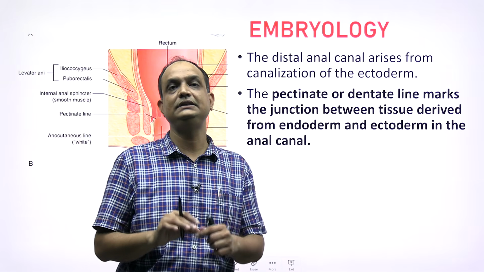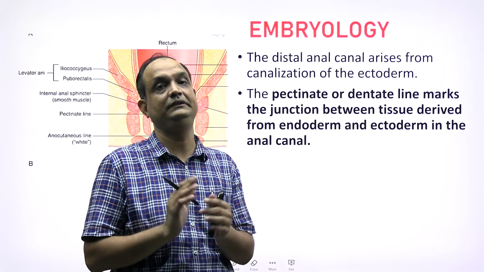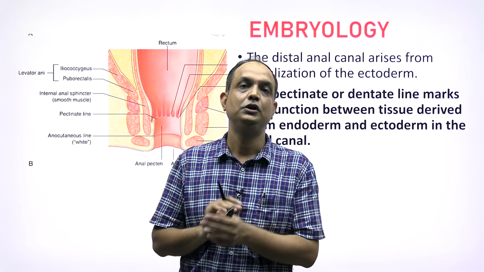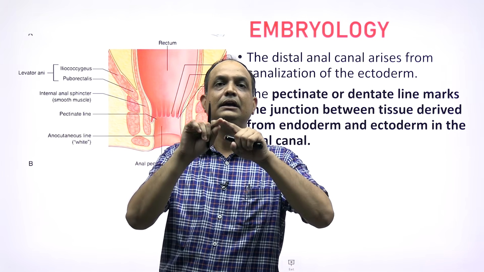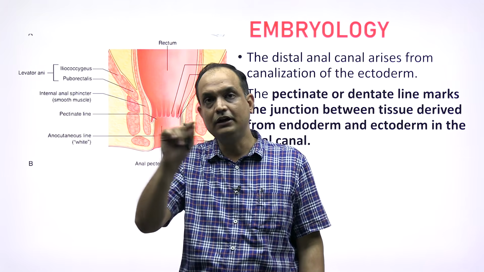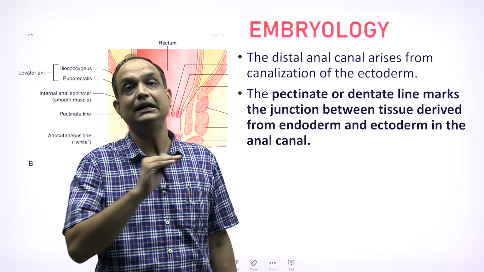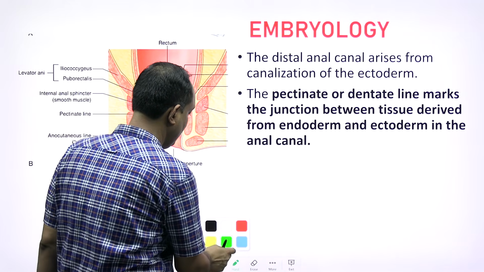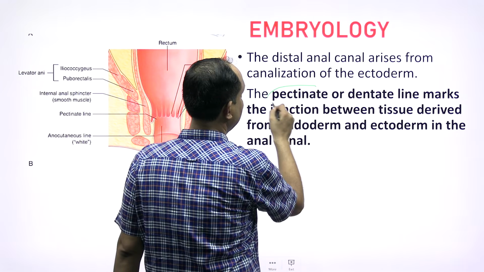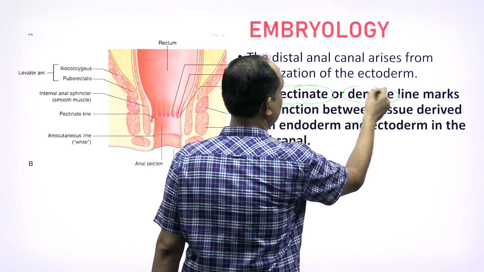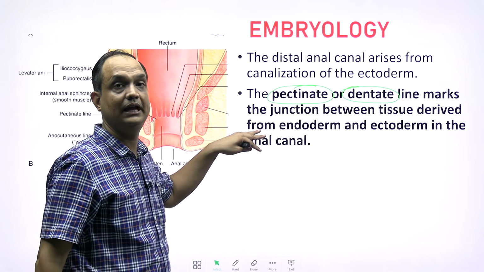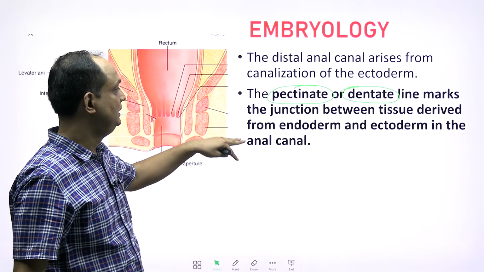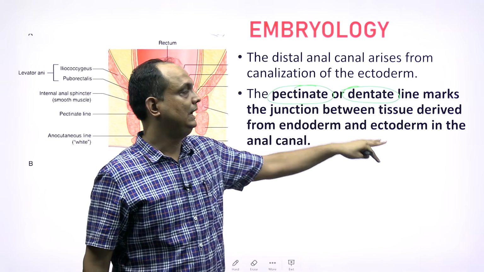When you see the gross specimen of the anal canal, you will find a clear-cut line of demarcation, known as the dentate line, or also the pectinate line. This dentate or pectinate line is the line of junction between the derivatives from endoderm and ectoderm.